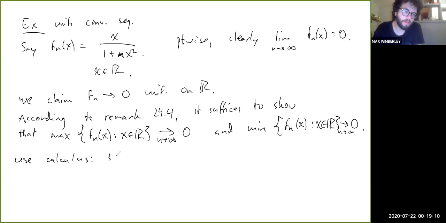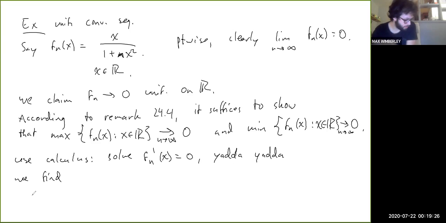Solve f_n prime of x equals 0, and so on.